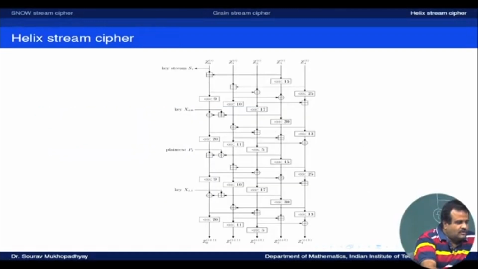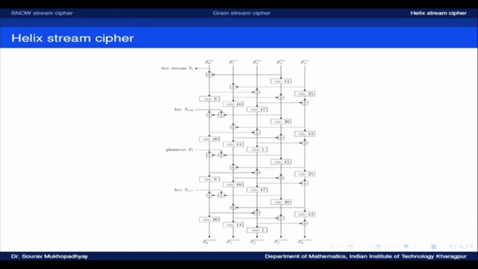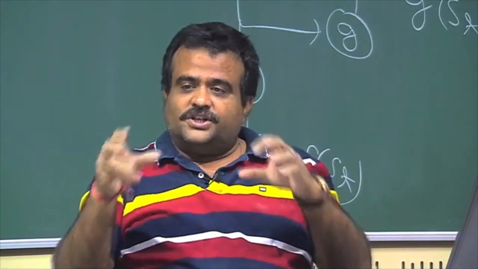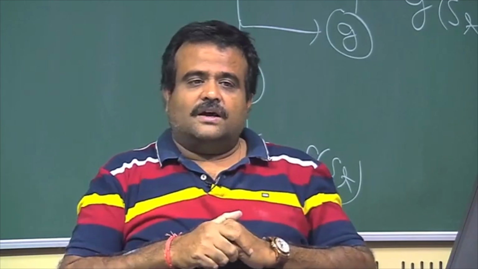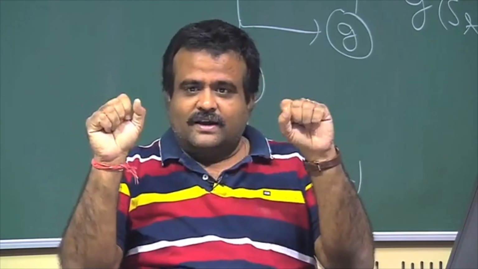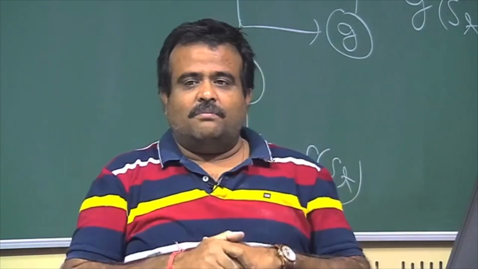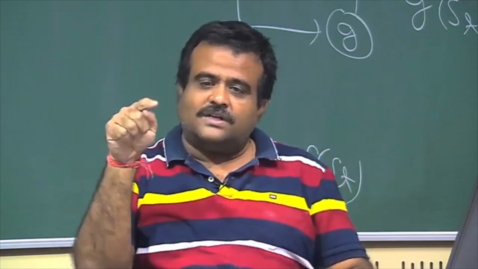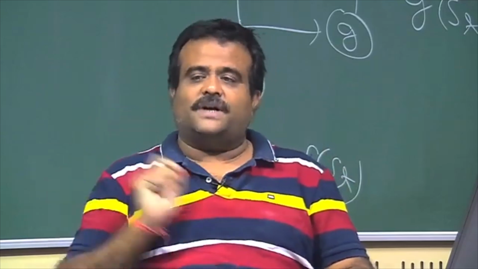Anyway, we discussed this. Now we talk about a stream cipher which is an asynchronous stream cipher. We have seen synchronous stream ciphers, where the key stream is a function of the state, but not a function of the plaintext or ciphertext.